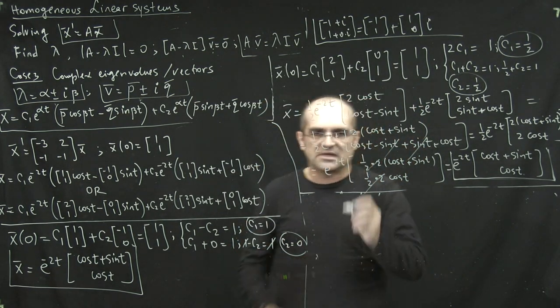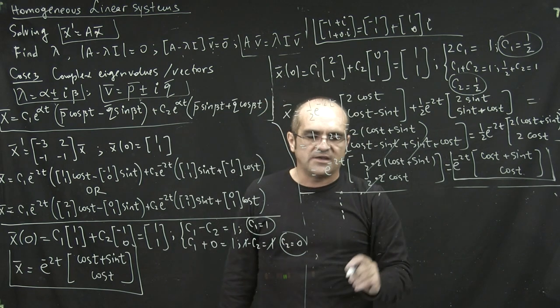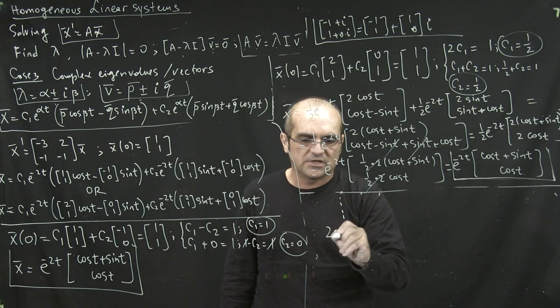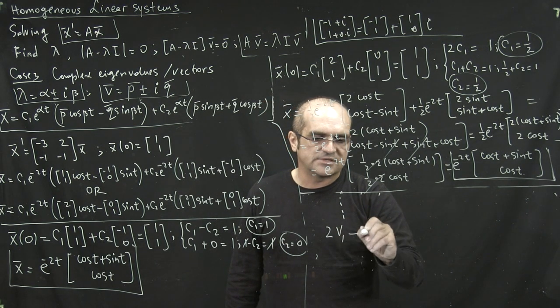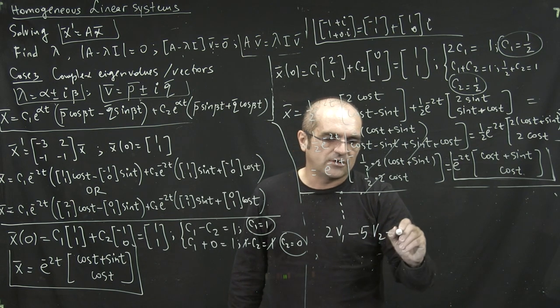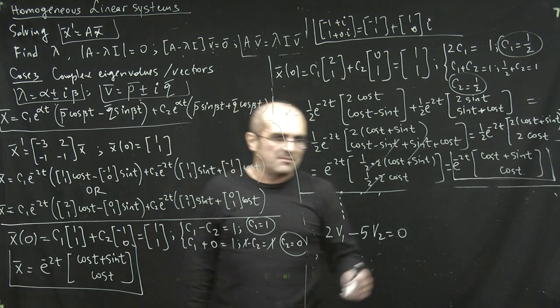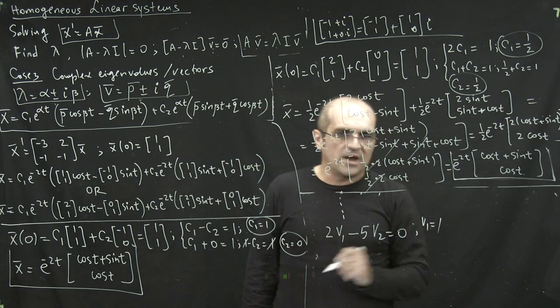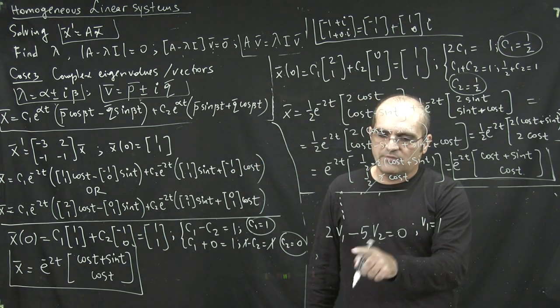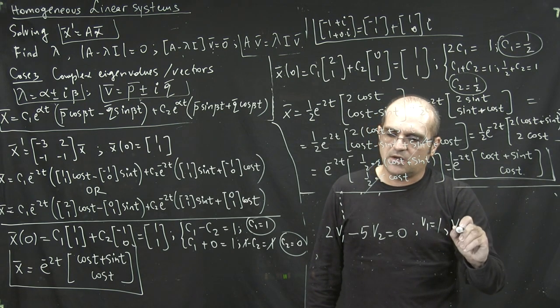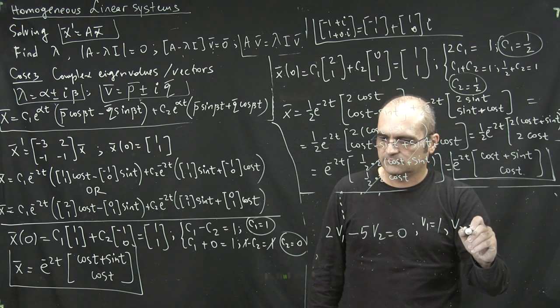So for example, let's say in the process of finding the eigenvector, you end up with this equation, 2v1 minus 5v2 equals 0. If you want to avoid fractions, 1 is not a good choice, right? If you choose v1 to be 1, obviously v2 will be 2 over 5.